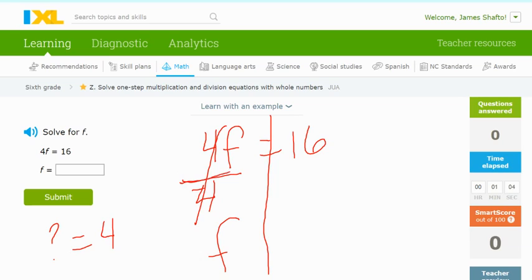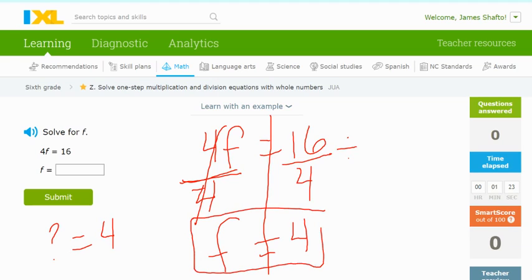Since I used a fraction bar with a 4 in the denominator on that side, or you could say that I divided by 4, because fraction bar means divide, I do the same thing on the other side. Otherwise, it's not balanced. I take 16 divided by 4, and this is going to give me 4 as my answer. So f is equal to 4.